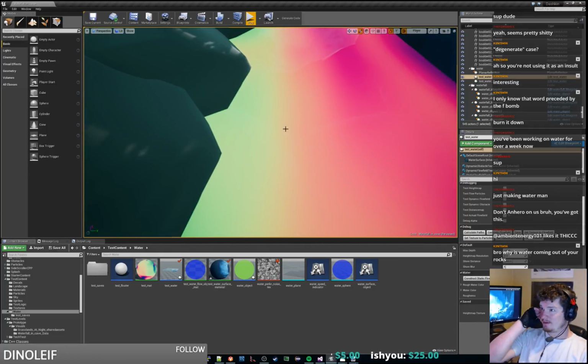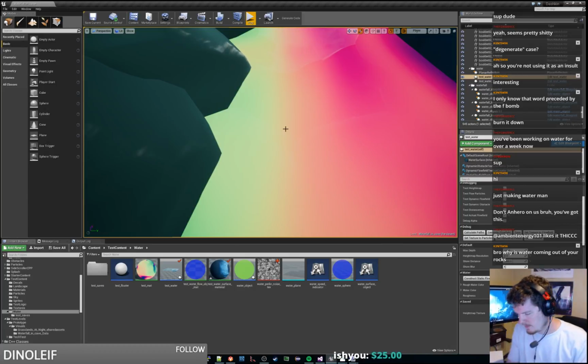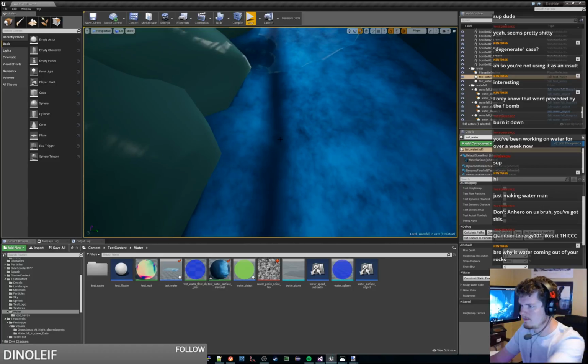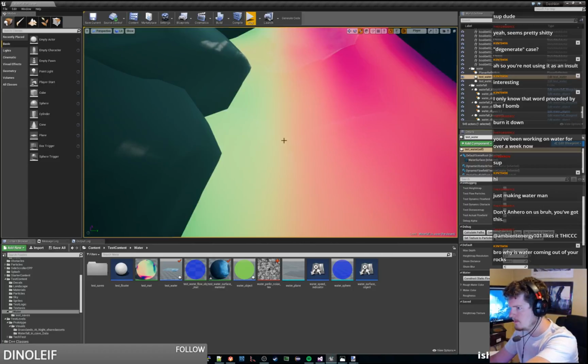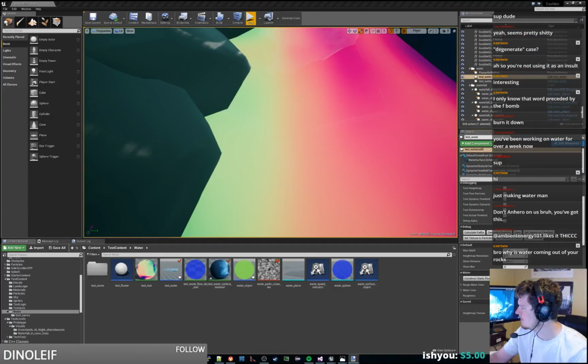Alright, so this color. Which color? I need to just write this down. I need a pen. So if I take a screenshot of this, let's pull the color off of it.